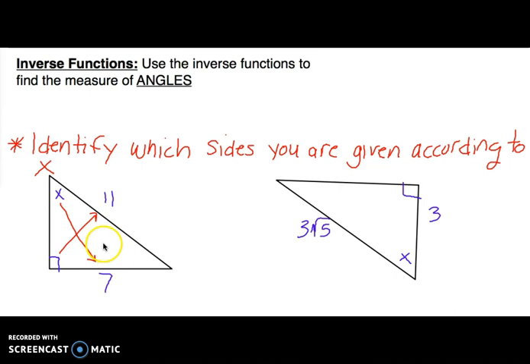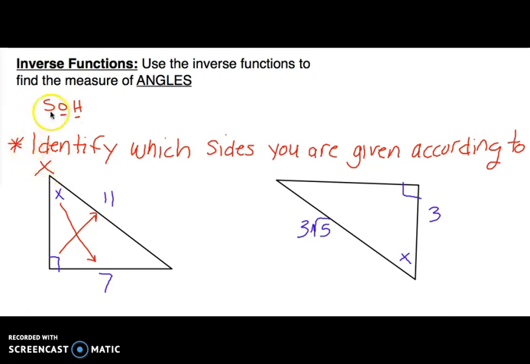So that would be considered my hypotenuse. So if you think about which trig functions deal with the opposite and hypotenuse, that would be SOH. So deals with the opposite and the hypotenuse.